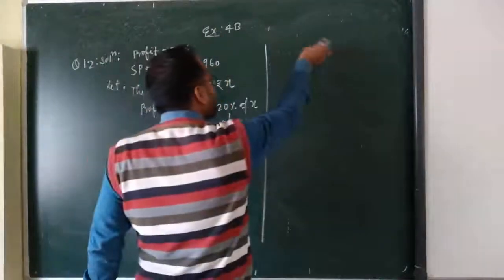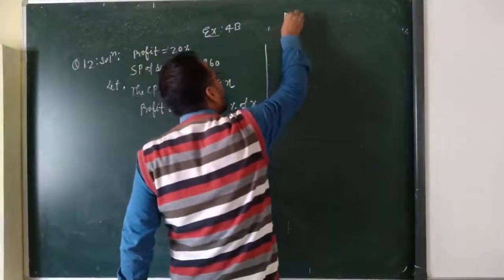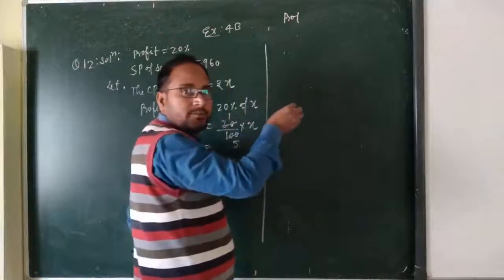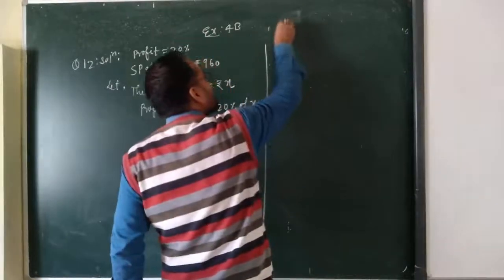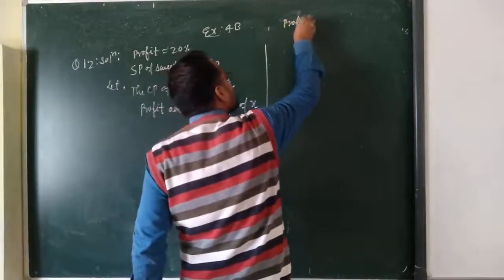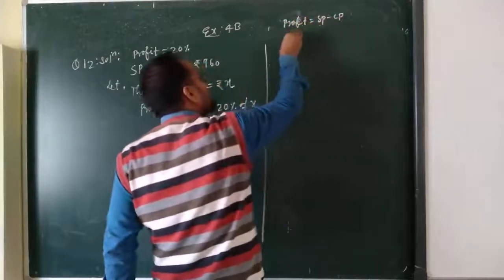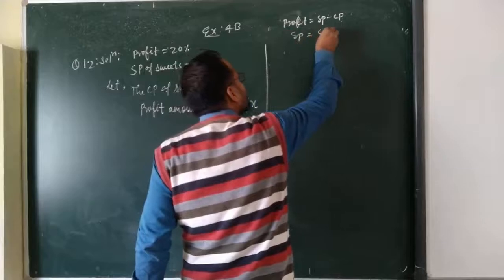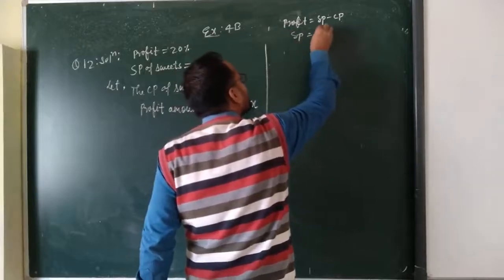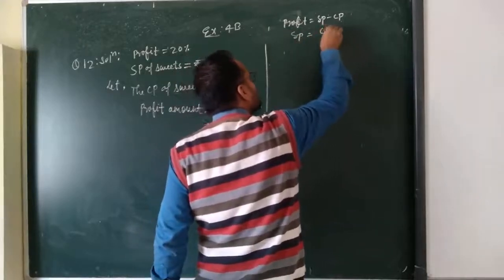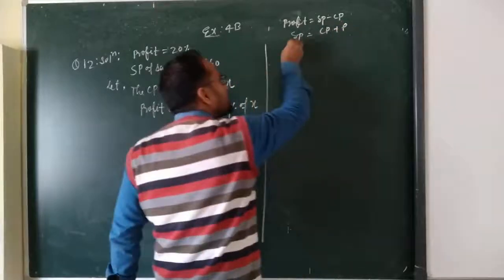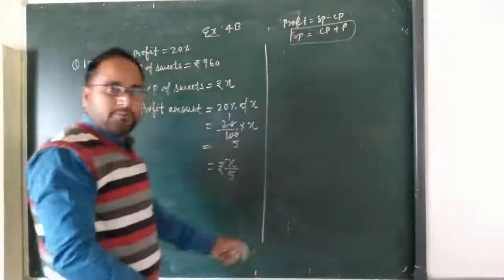See this one. We know the profit formula: profit is equal to SP minus CP. And if SP is required, then SP is equal to CP plus profit. So by using this formula, we are going to solve this problem.